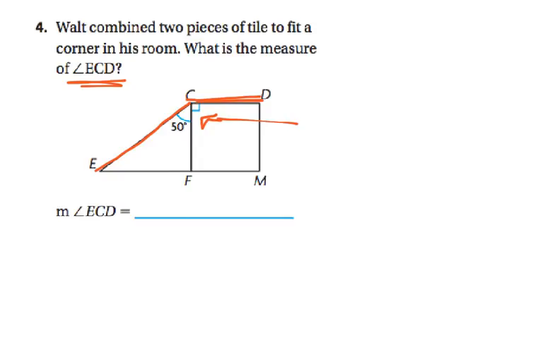So for the measure of angle ECD, I am going to be adding 50 plus my right angle measure, which is 90 degrees. And when I add 50 plus 90 degrees, I get 140 degrees. So the measure of angle ECD is 140.